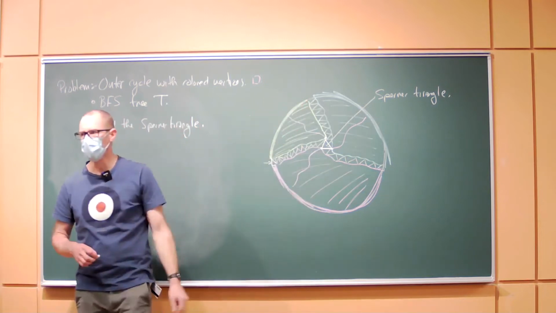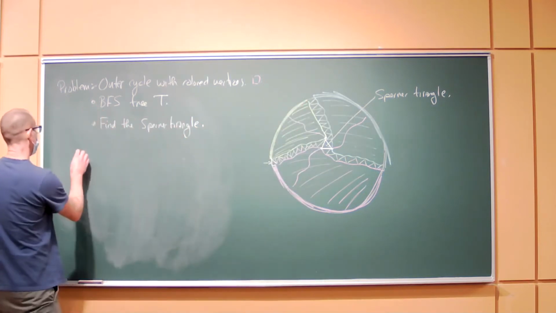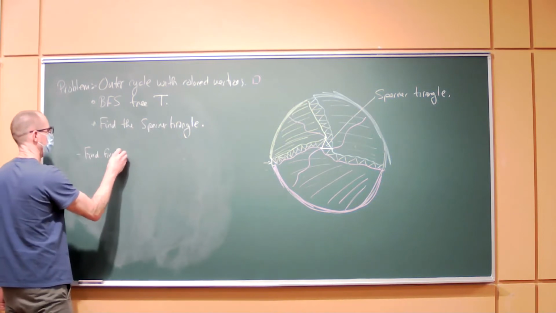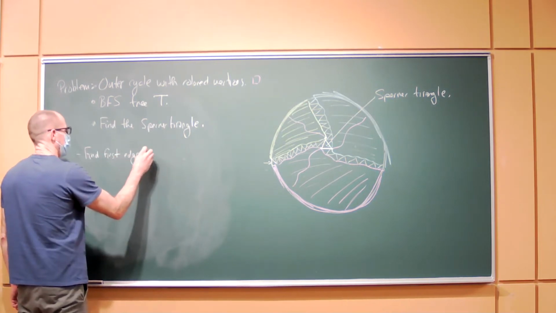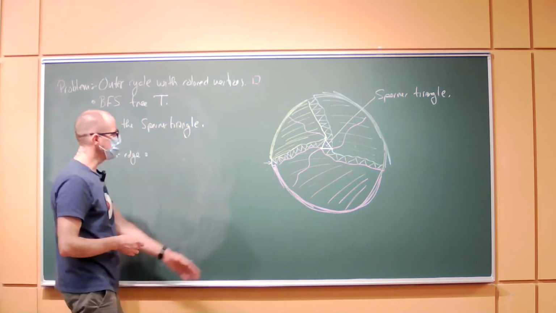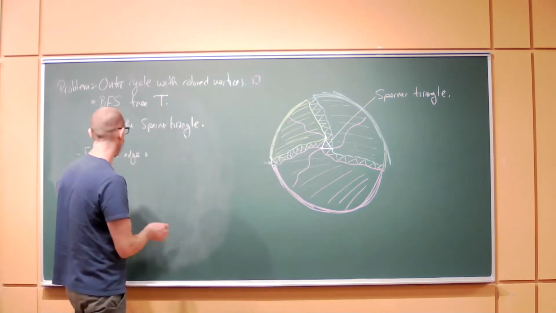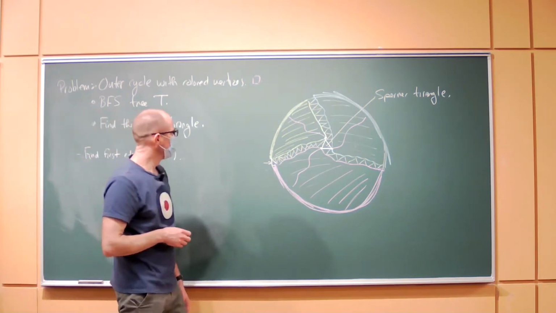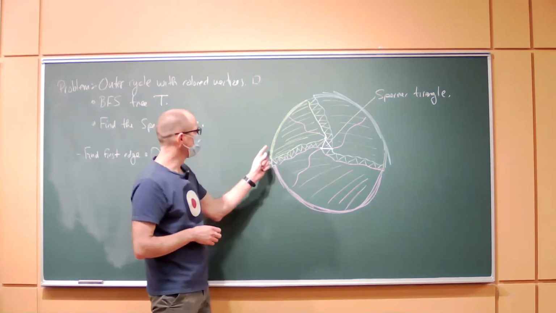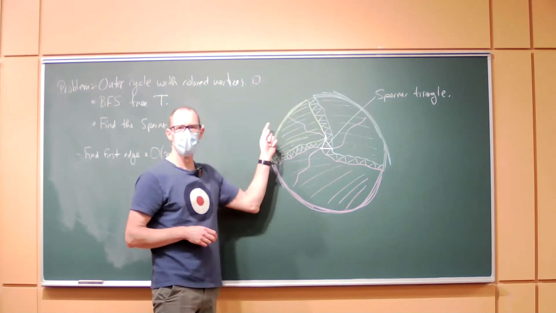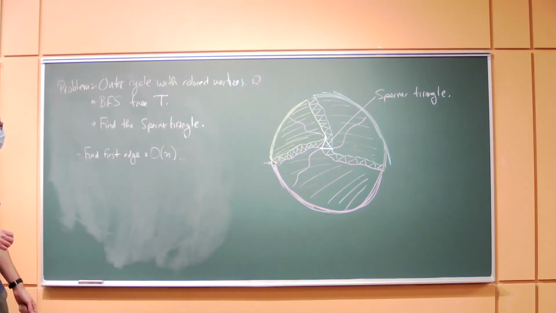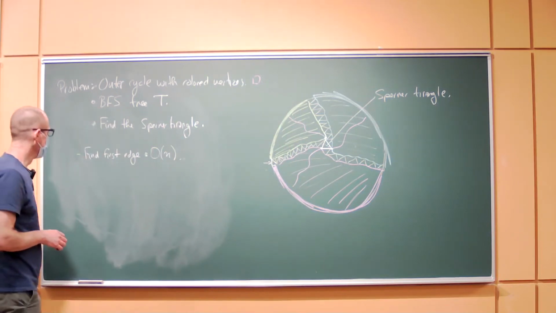That's not a problem. So you want to find the first edge. And if this thing has size n, then certainly you can do that in O(n) steps, probably less, because probably the length of the outer cycle is smaller than the number of vertices inside, but you never know. That's not always the case.